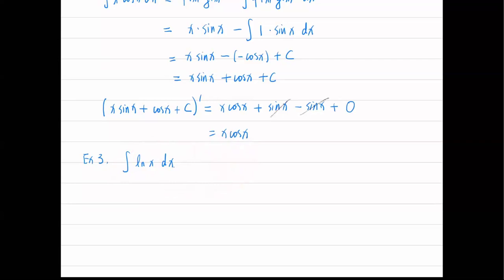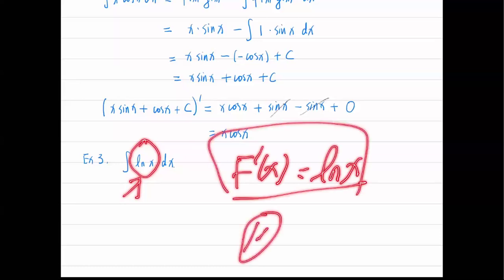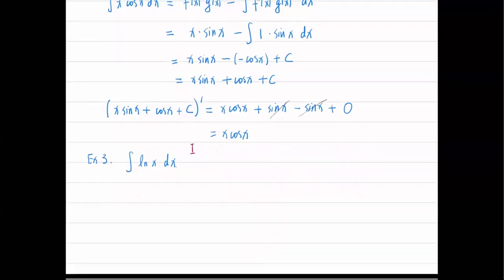Okay, first we try the fundamental theorem. If we're trying to apply the fundamental theorem, we're looking for a function whose derivative is logarithm. Then we go over our dictionary, our knowledge, our head. There's no such thing. So again, let's try integration by parts.